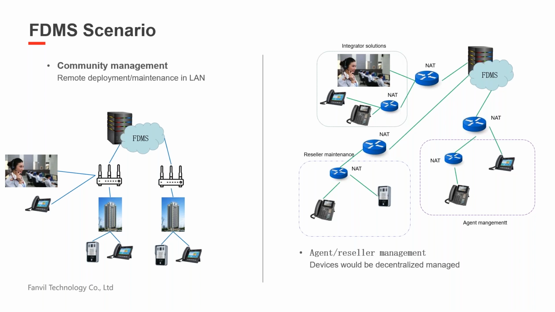Then we can use the FDMS on the internet to deploy and manage them remotely. We will define the community or area as a special group and add different kinds of devices with the MAC address, and get the status and set and get some setting parameters. That will be very convenient for remote management.